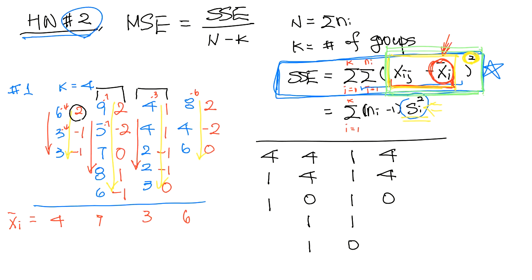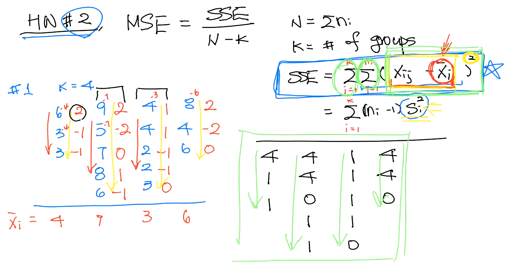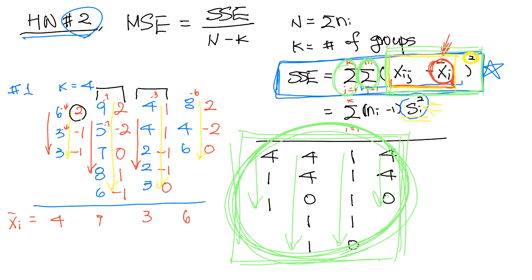Now take the summation in each sample, and then the summation of all samples. That means we just take the summation of all the squared differences. So now it will be 6, 10, 4, 8.